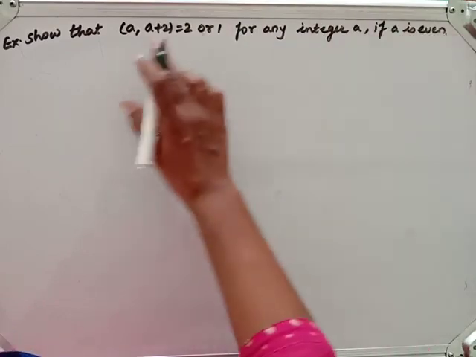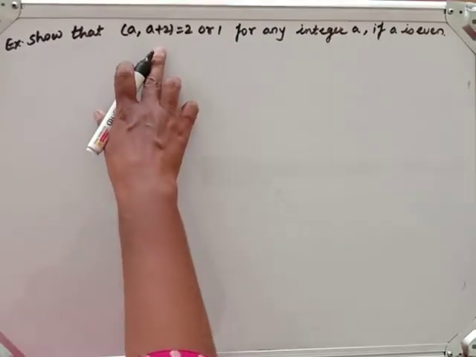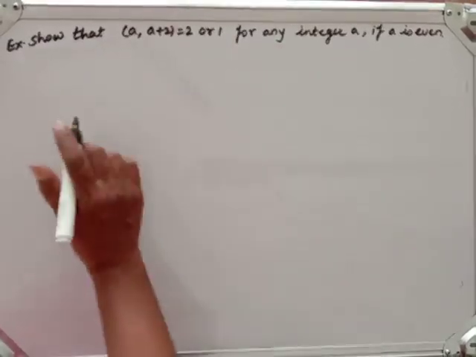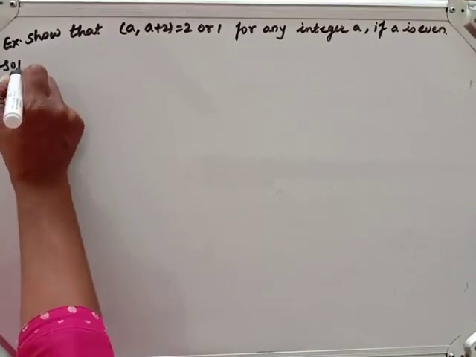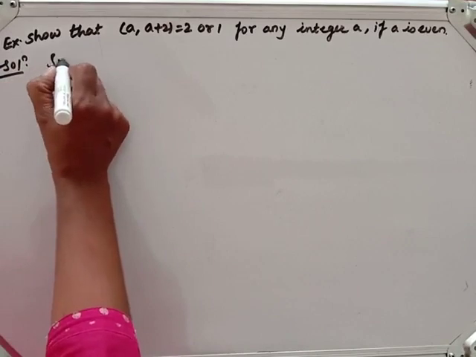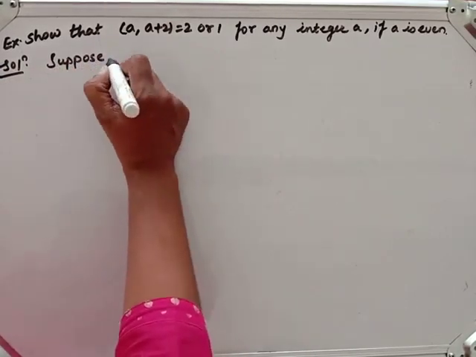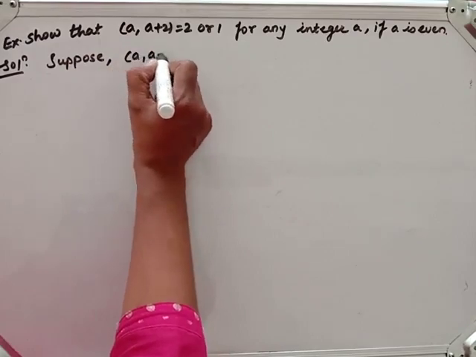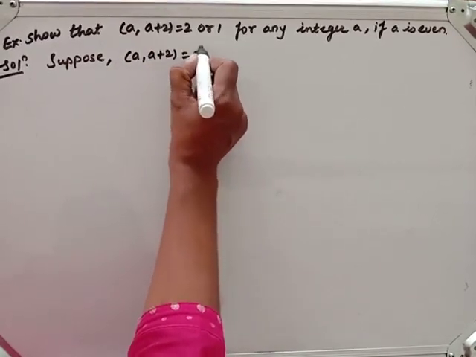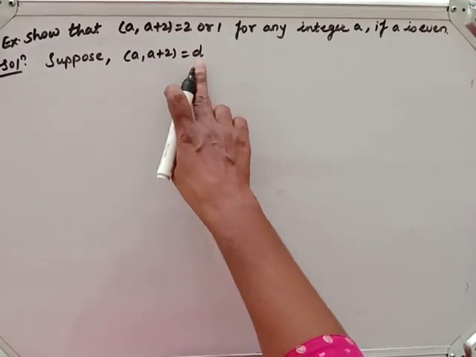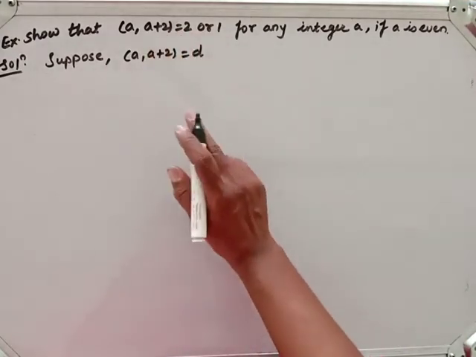It is either 2 or 1 for any integer a, while a is even. So, solution of this. Let us assume the GCD of a and a plus 2 is equal to d. So, we have to prove that d is equal to 1 or 2.